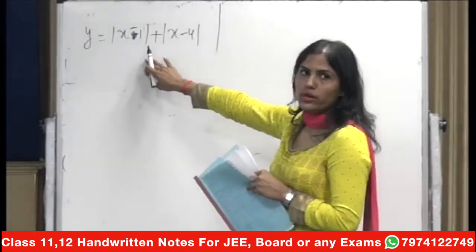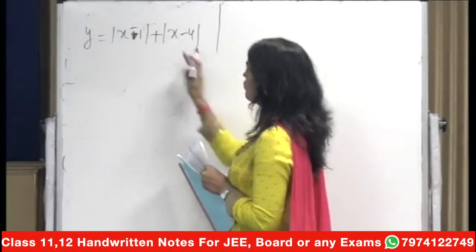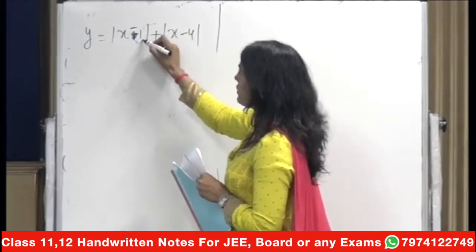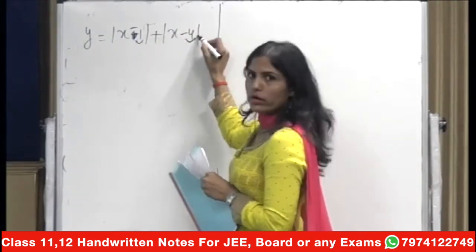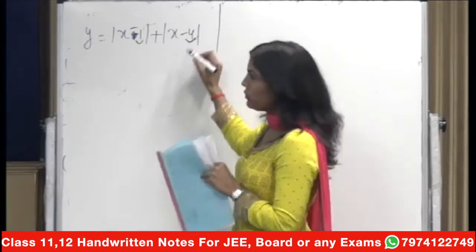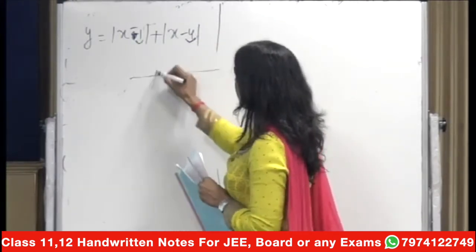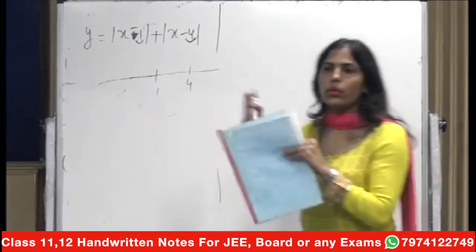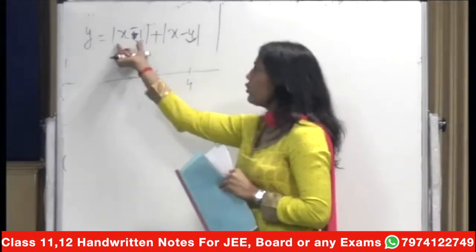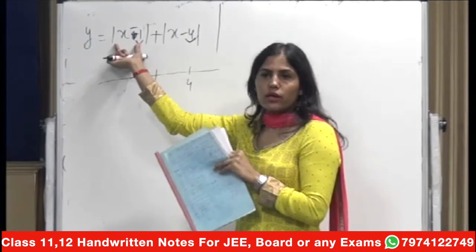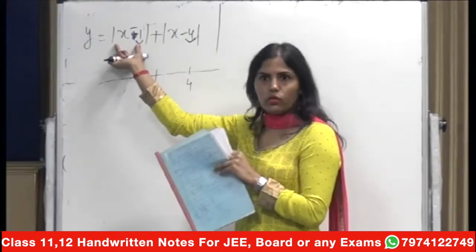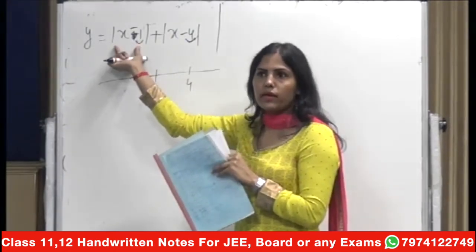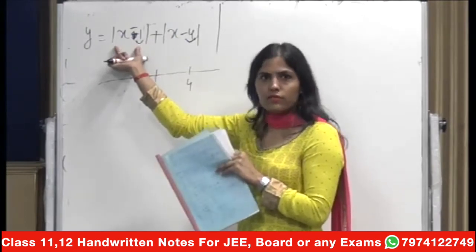So how do we draw the graph of such functions? Basically the breakup is at 1 and 4. We consider such points, 1 and 4. So how do we break up our interval? This value will be equal to x minus 1 when x minus 1 is greater than or equal to 0. This value will be negative if x minus 1 is less than 0. This is the condition.